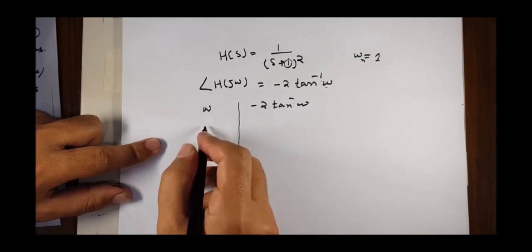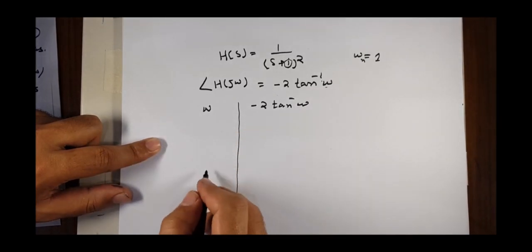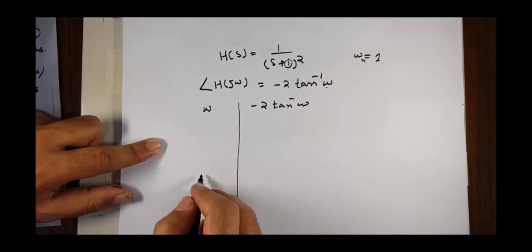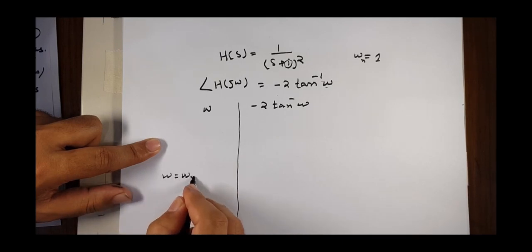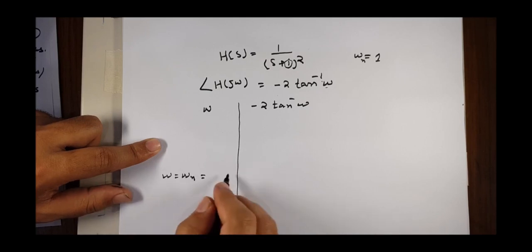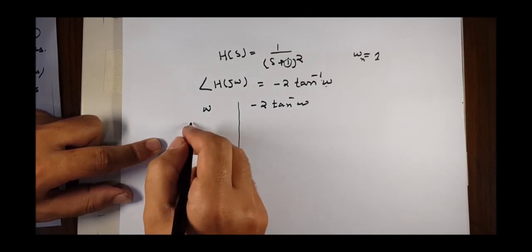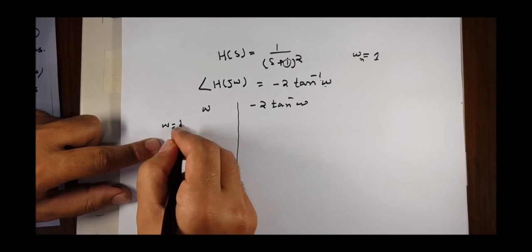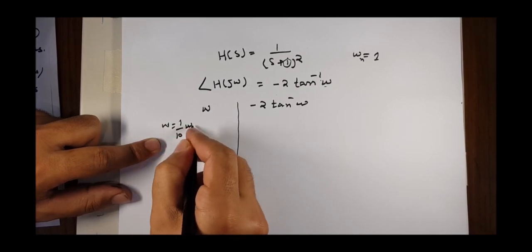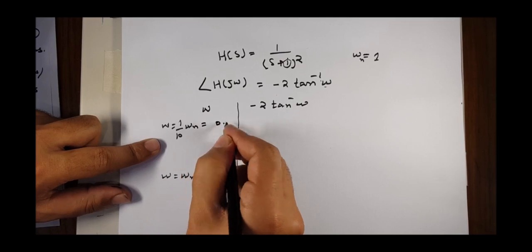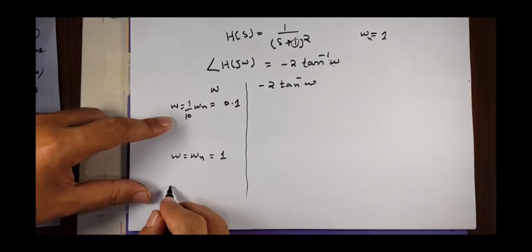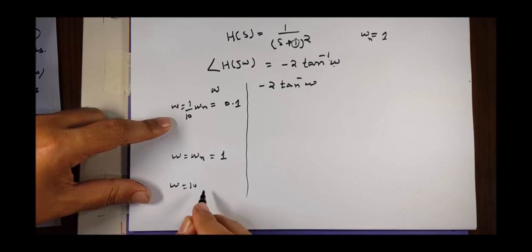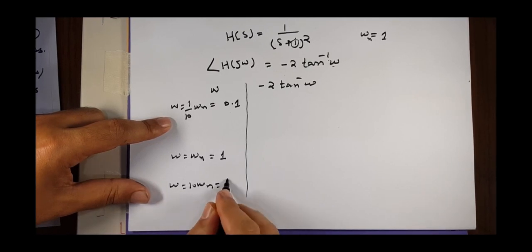I told you that we are only interested in 3 frequencies. The first one is when omega is equal to omega n, which here is 1. Then omega is equal to 1 by 10 times omega n, which in this case is 0.1, and then omega is equal to 10 times omega n, which is 10.